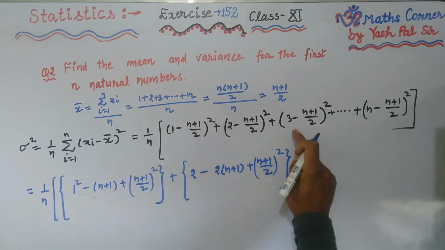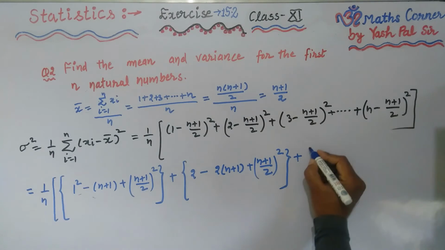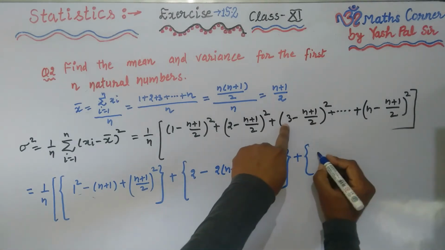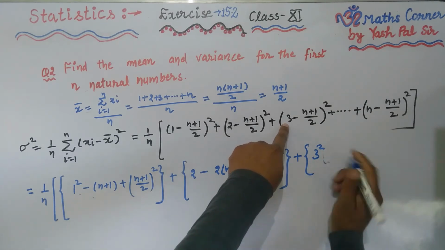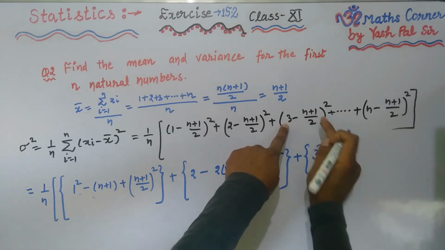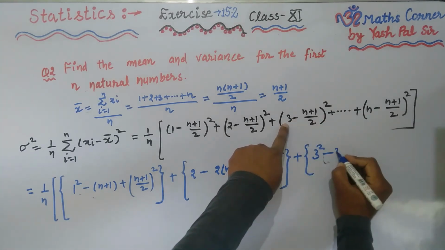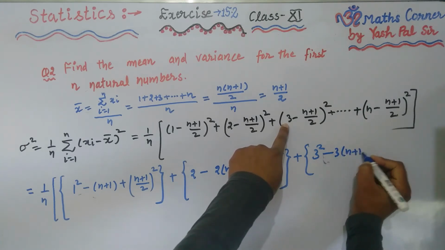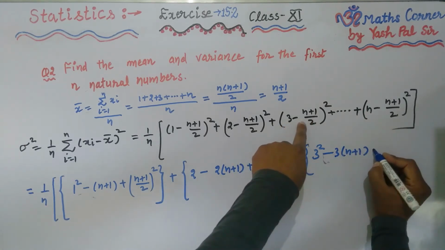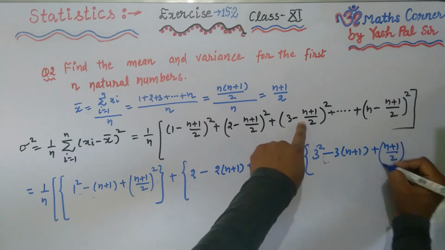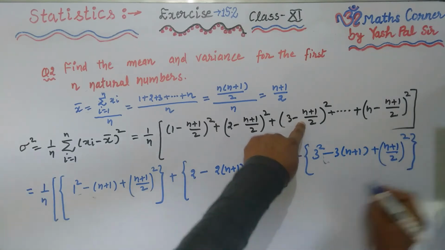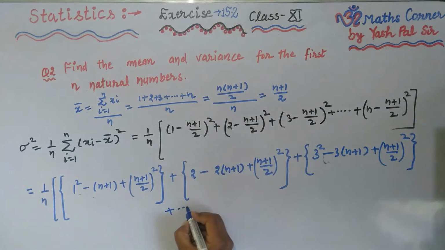Second bracket is solved. Third bracket will be 3 whole square minus 2 into this, 2s cancelled, 3 into n plus 1, plus n plus 1 upon 2 its whole square, and so on.